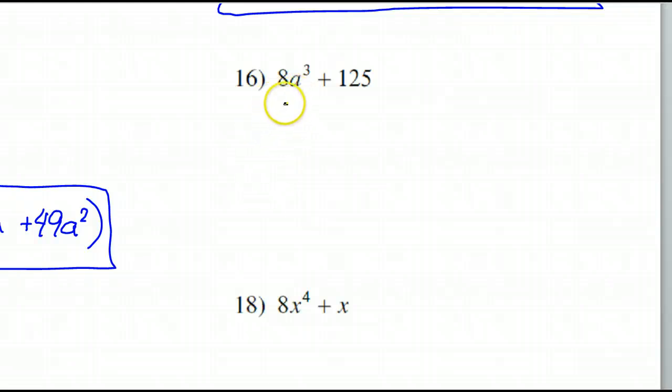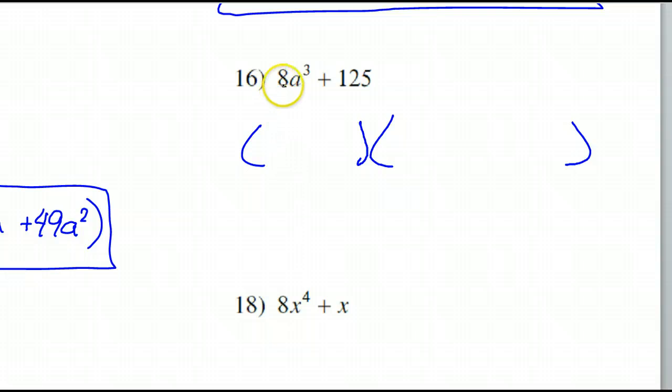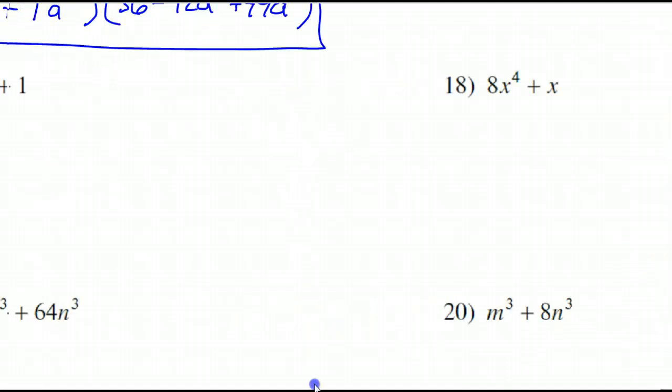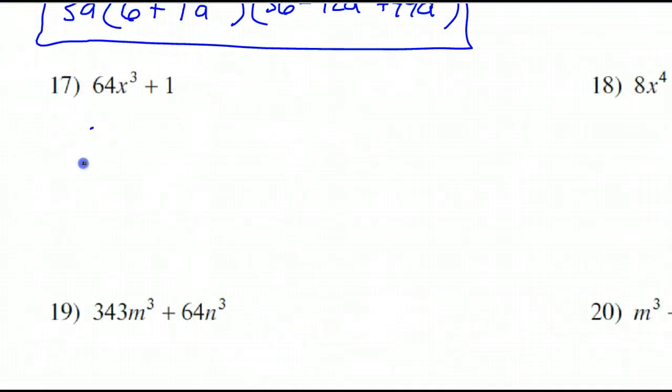Take a look at number 16. This is back to easy stuff again. Binomial, trinomial. The root would be 2a plus 5. Square them, and you get 4a squared and plus 25. Multiply them, and you get 10a. Opposite sign. So that's number 16. Number 17: binomial, trinomial.